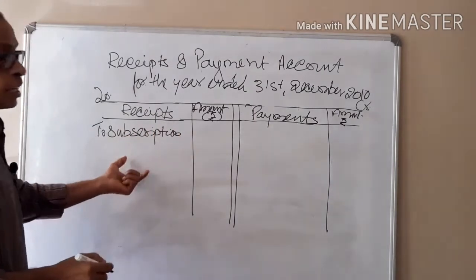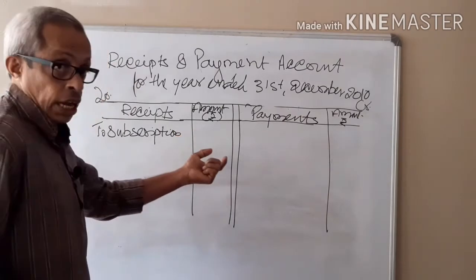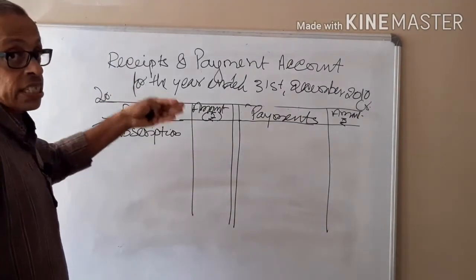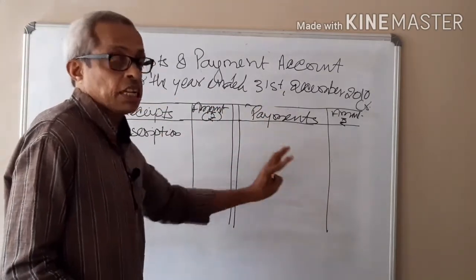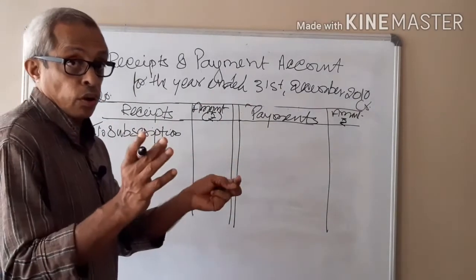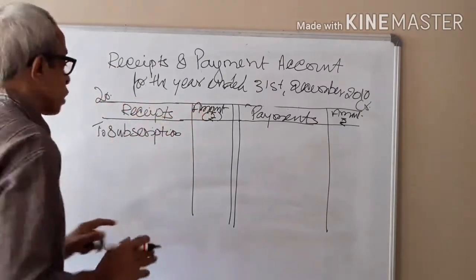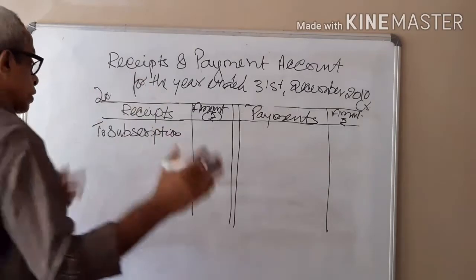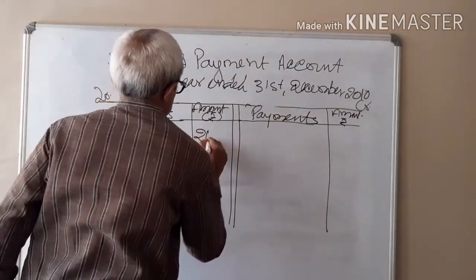Only actual receipts and actual payments are given, not the adjusted figure. What is given as receipts and what is given as payments is entered in receipts and payments account. Therefore, there will not be any adjustments, that is outstanding, accrued, depreciation, etc. So, subscription.